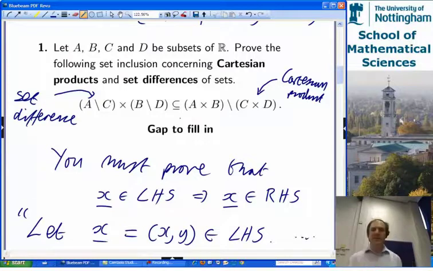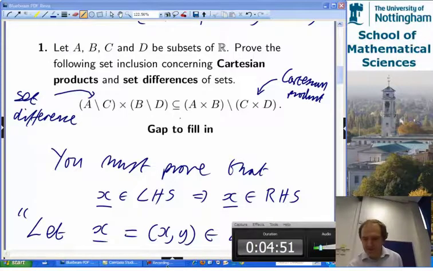Then you want to make deductions from that and prove that that point is also in the right-hand side. I'll let you have a few minutes to think about that while I go around and see whether people have got any idea where to start on it or whether it's routine and easy. We'll soon find out. I'll pause the recording while you have a go at it. And feel free to talk amongst yourselves.